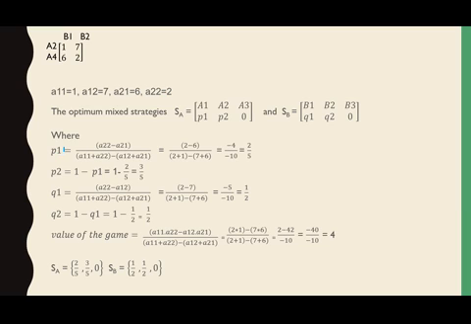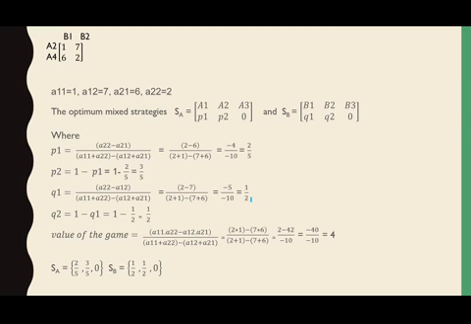So when I substitute in the P1 formula, I'll get P1 value as 2 by 5. If P1 is 2 by 5, P2 will be 1 minus 2 by 5, which is 3 by 5. So I got P1 value and P2 value. Similarly, substitute the values for Q1. I get the answer to be 1 by 2.